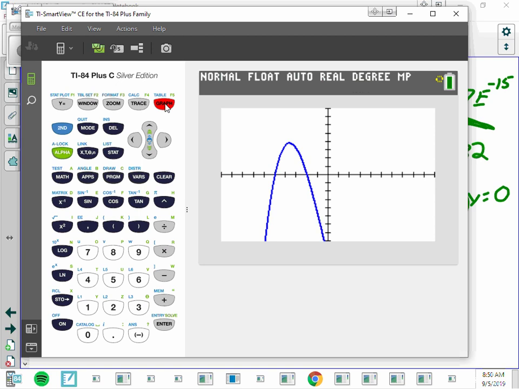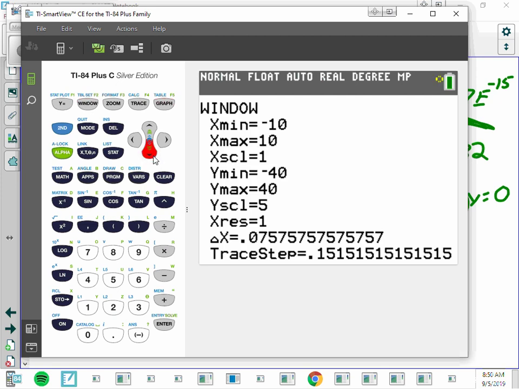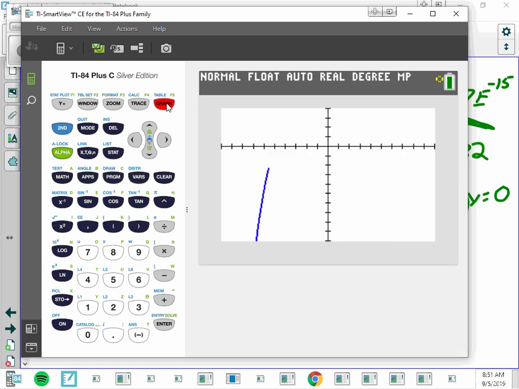And I captured that side, but I didn't quite grab the other side. So maybe we'll go in here and change my -40 to -100. And then instead of counting by 5s, maybe I'll count by 10s. Oh, I did it. Wonderful.